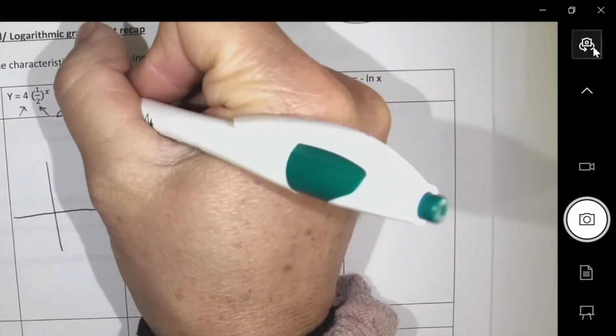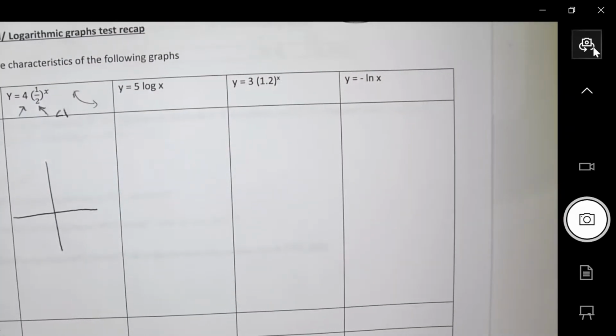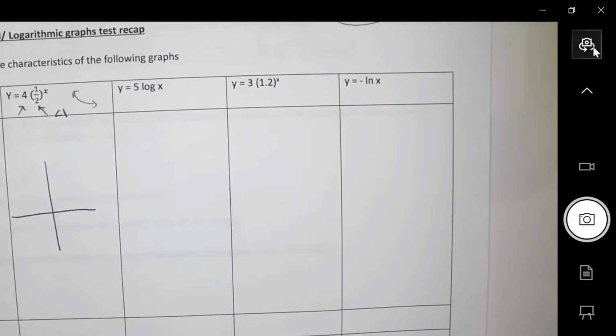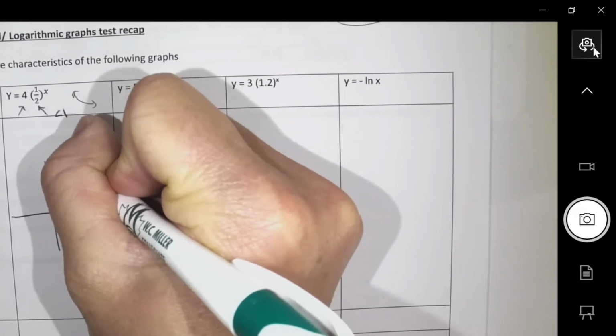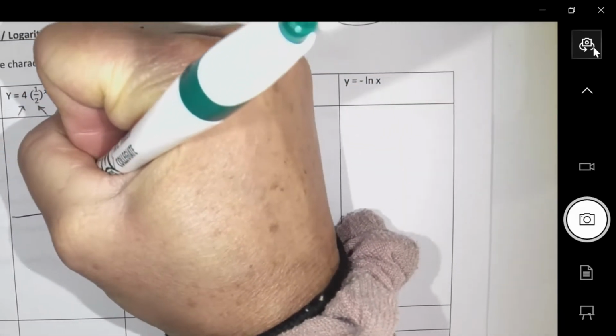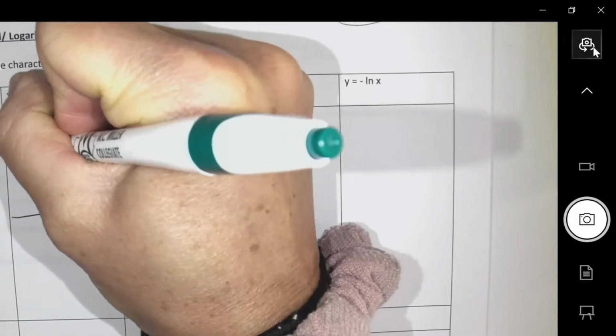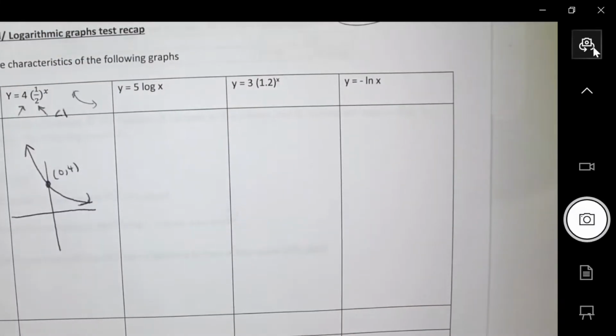So we're going to be decreasing. We're decreasing because it's less than 1. And what about this 4 part of it? What does that change on the exponential graph? Your y-intercept is 4, and you're going to be decreasing.